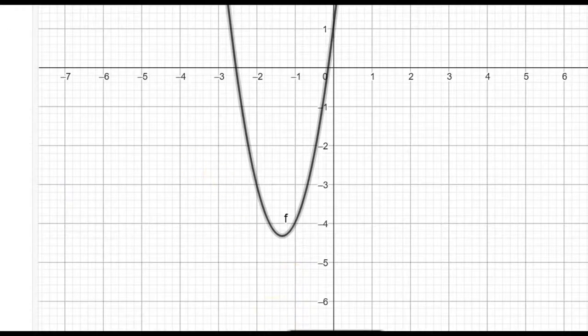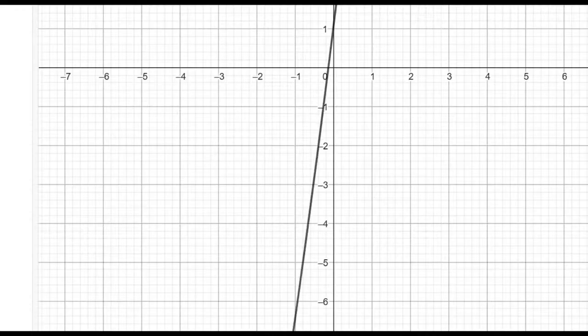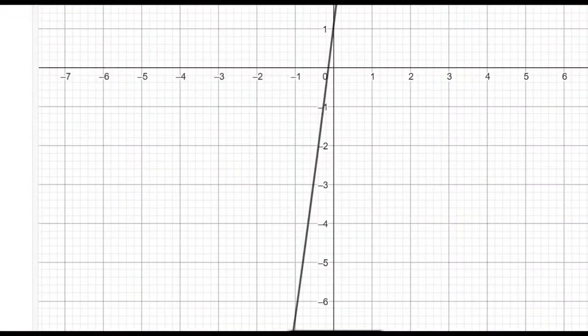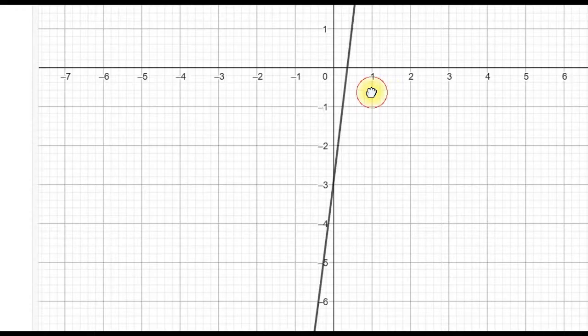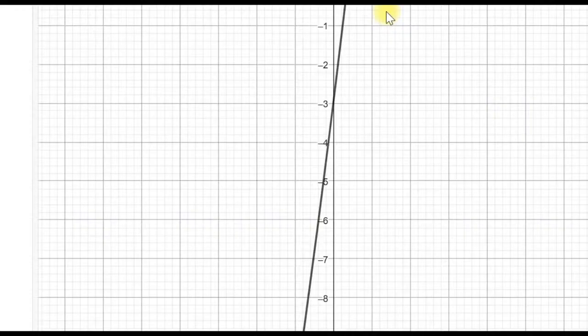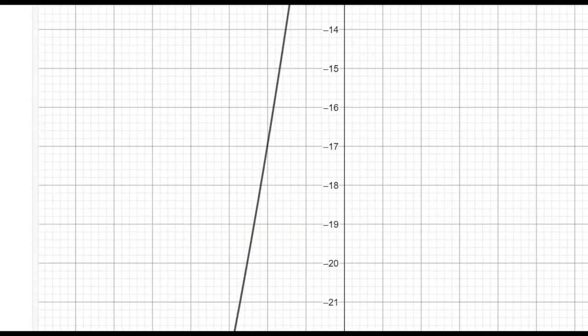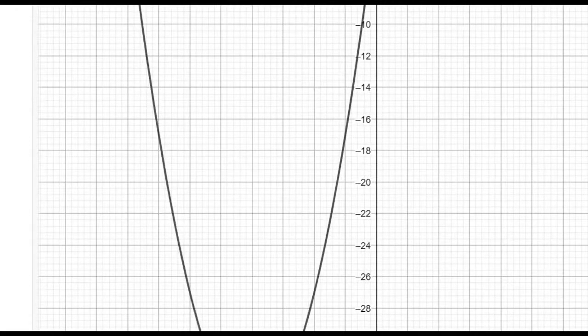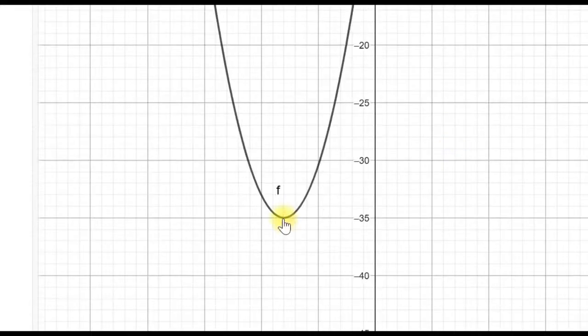So for the second one, I think it should be half x squared plus 8x minus 3. Do you see it?